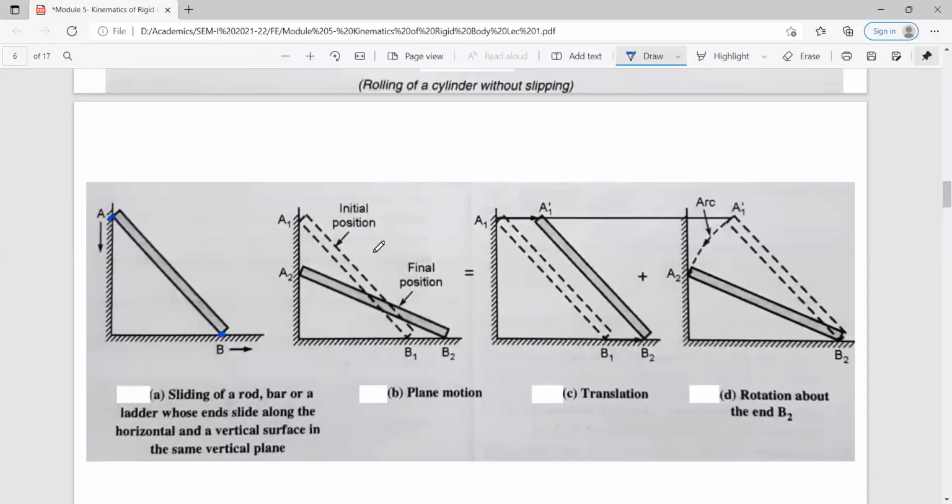So which kind of motion happened, translation or rotation? Any answer? Concentrate on this. You have been shown the initial position as well as the final position. Translation? Was it translation?